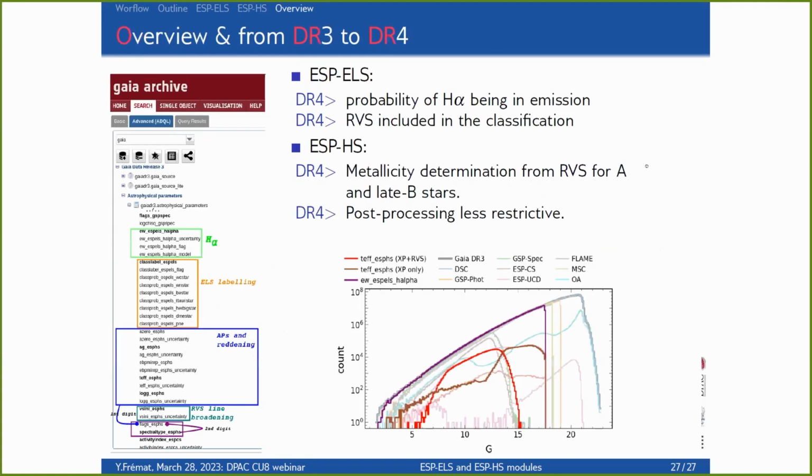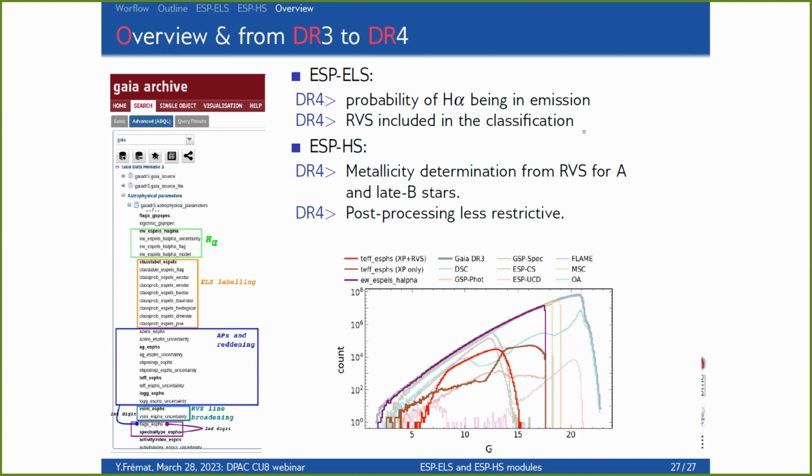Okay, so that's my last slide, where I give you an overview of the different results produced by the two modules, and these are the plans for cycle 4. We will try to provide not only an H-alpha estimate of the equivalent width, but also a probability of emission.